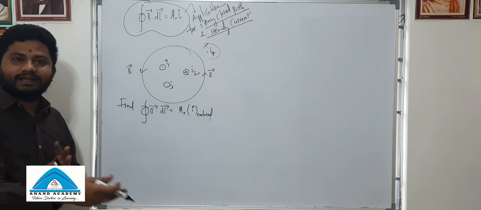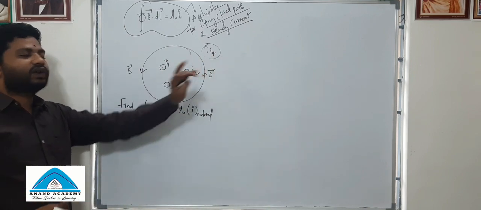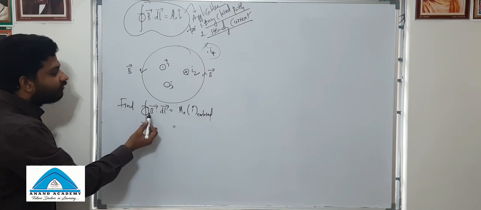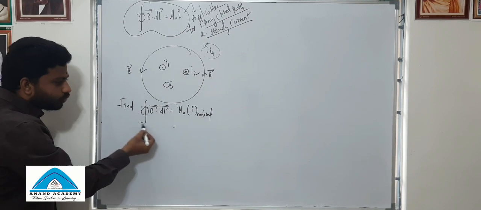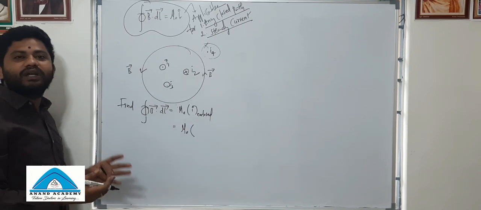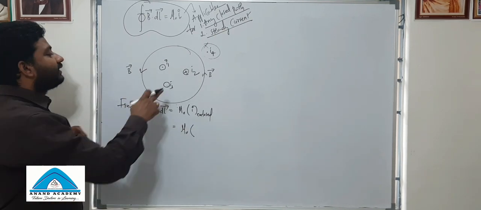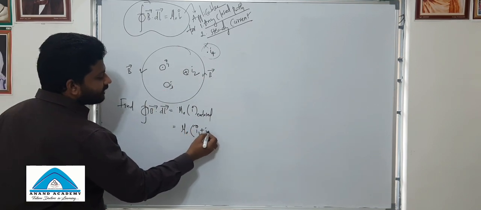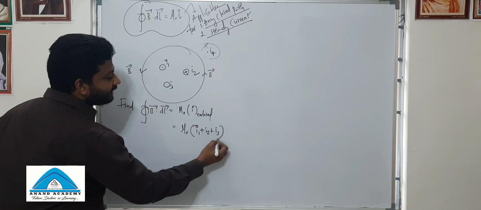It is outside the closed path. So that's the reason we will not include this here. So now your line integral of magnetic field around a closed path is equal to mu naught into how many currents are enclosed by this? I1, I2, I3. You can write I1 plus I2 plus I3.